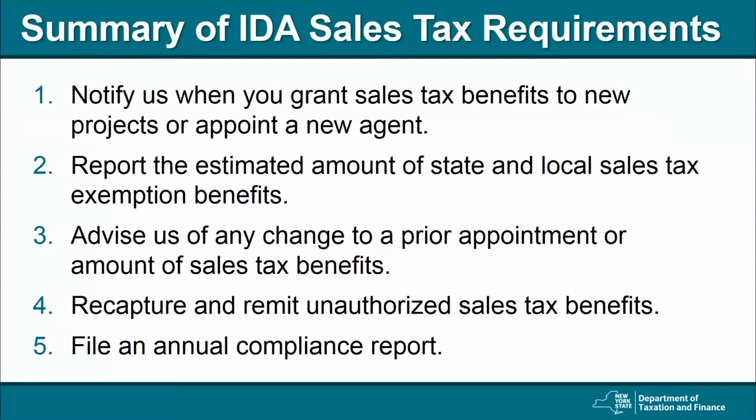The third, we want to know if there's a change to a prior appointment or change to the previously reported amount of tax benefits. And the last 2 are interrelated, and they regard recapturing and remittance of unauthorized state sales tax benefits and an annual compliance report that's filed concerning those recapture activities.